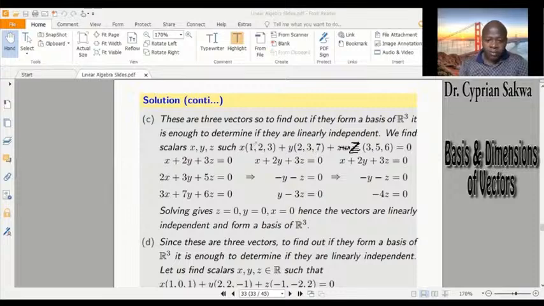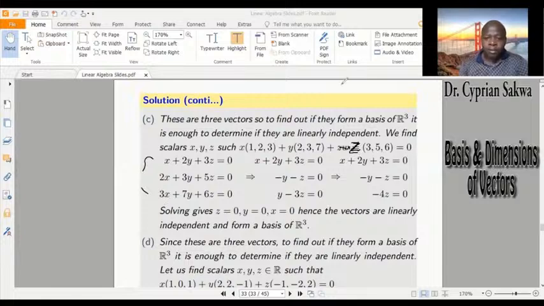So let's just multiply very fast, because we already know how to do this. This will be x plus 2y plus 3z equals 0, giving our first equation. The second equation will be 2x plus 3y plus 5z equals 0. And the third equation will give us 3x plus 7y plus 6z equals 0. So you have this system of linear equations which we reduce to echelon form, and we know how to do that.